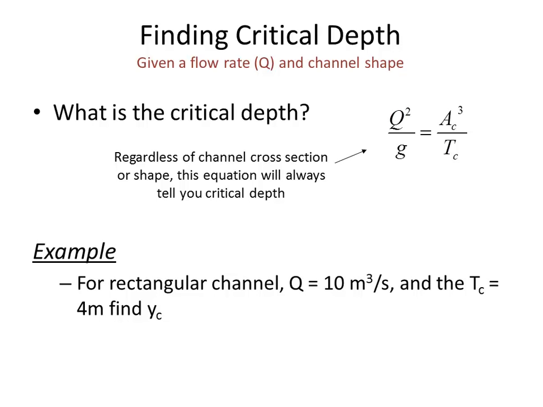The bottom width of 4 goes into the area, but then the bottom width and the top width are the same. They're 4 because this is a rectangular channel. If it was a trapezoidal channel, they wouldn't be the same.